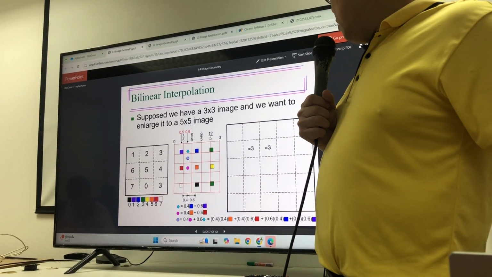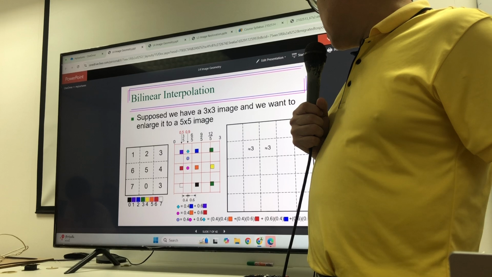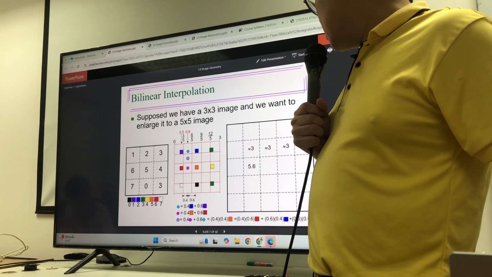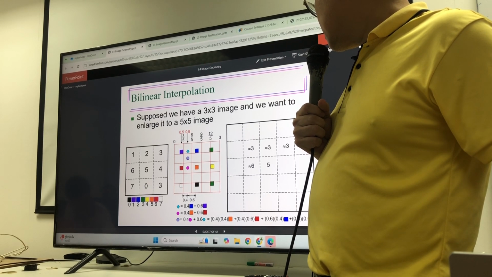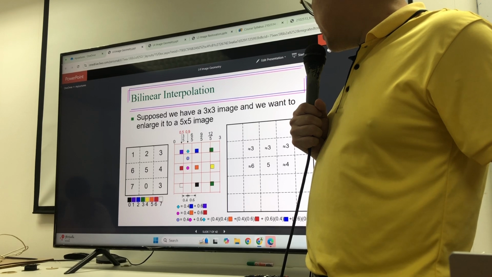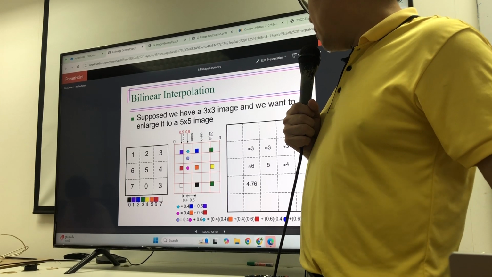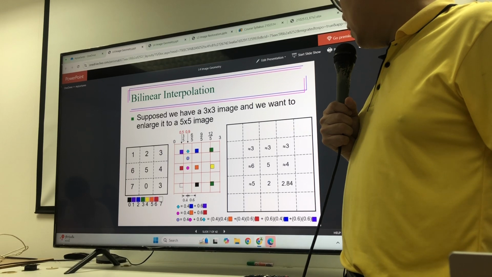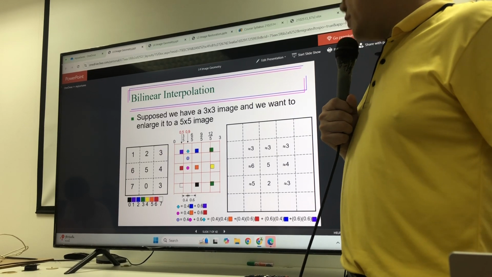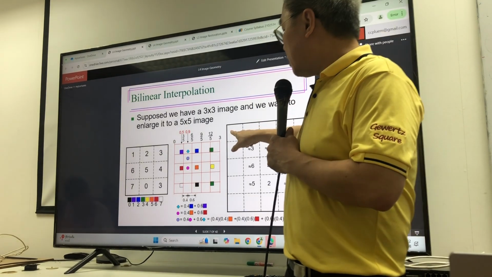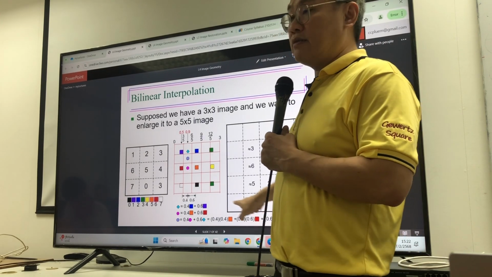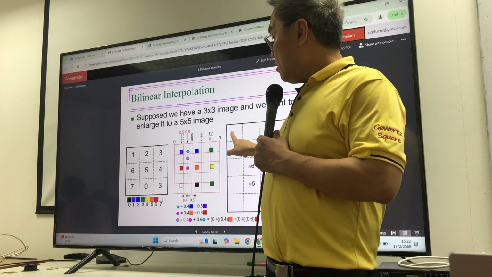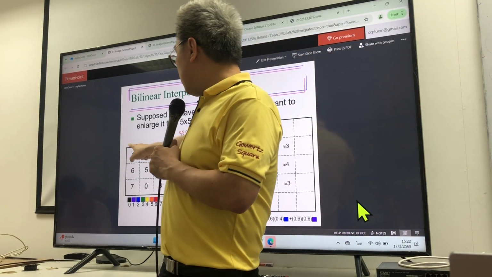And you repeat for every single pixel in the middle, like this. Okay, 0.76 is 5, 2 is 2, and 2.84 is 3. What happened to the one along the edge?